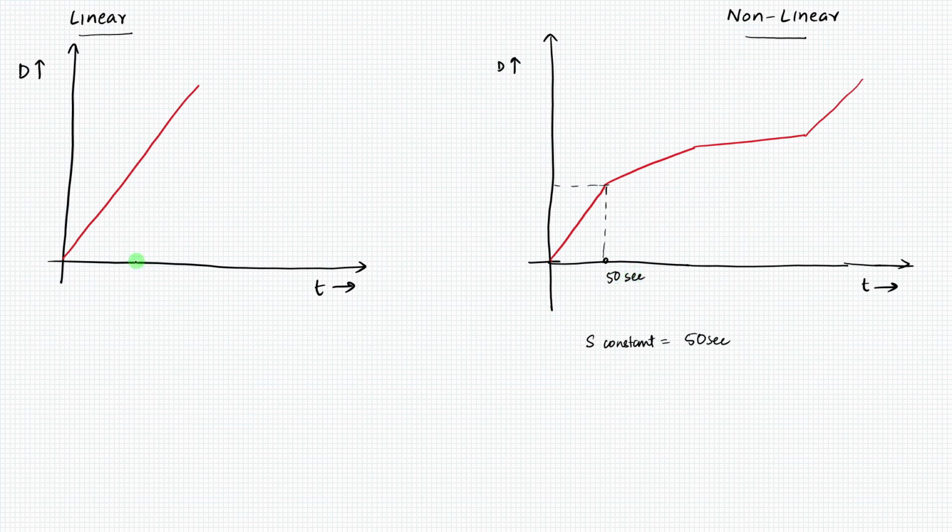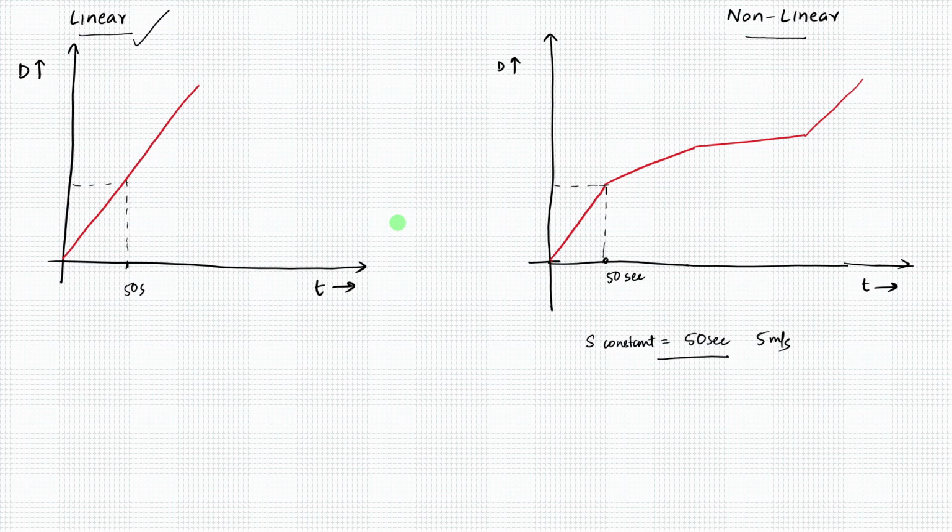Now if I take another 50 seconds here, in this linear graph, you can see this graph here and this graph here are exactly the same. If you are only considering the first 50 seconds where the speed is constant at say 5 meters per second, the linear graph and the non-linear graph are exactly the same.